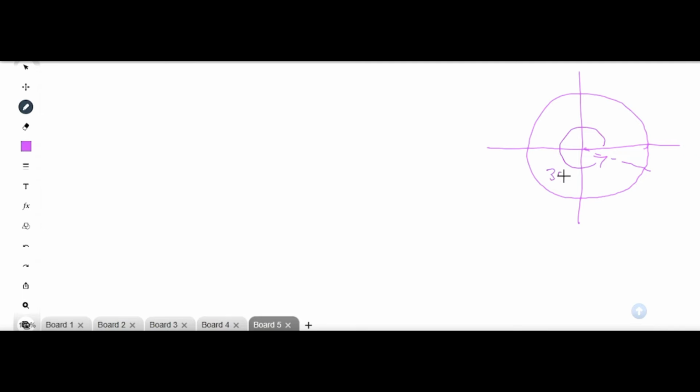This angle will be 330 degrees. 330 is nothing but 2 pi minus pi by 3. And how do you find sine 330? It would be 360 minus 30. Very good. Very good.